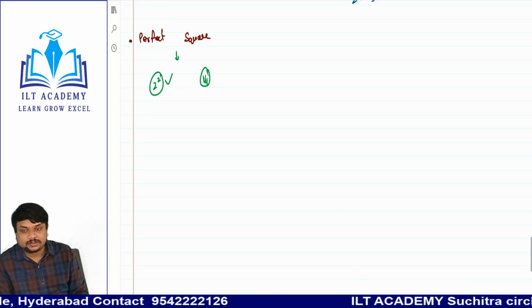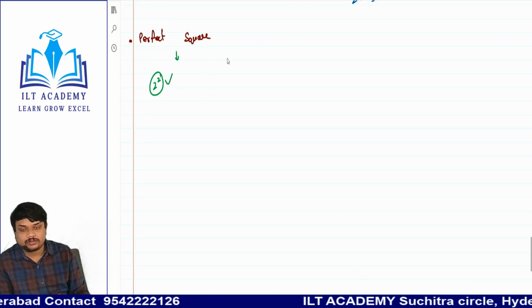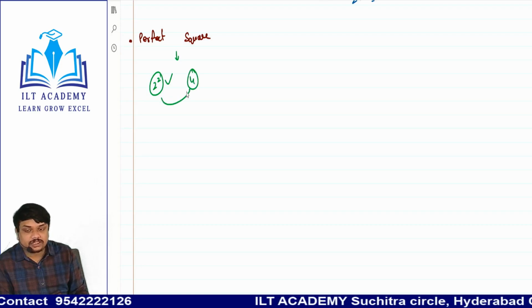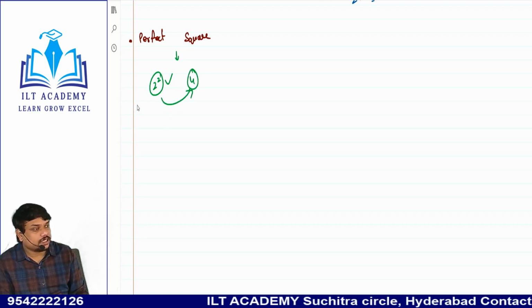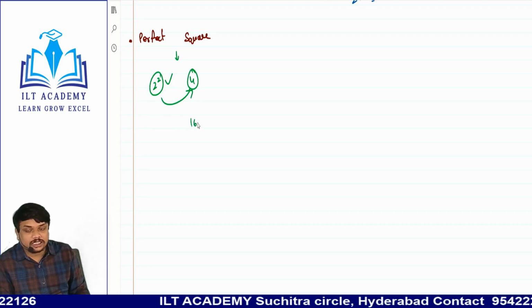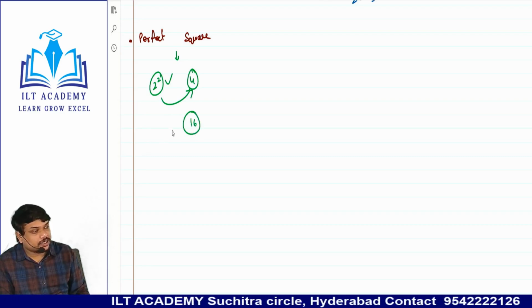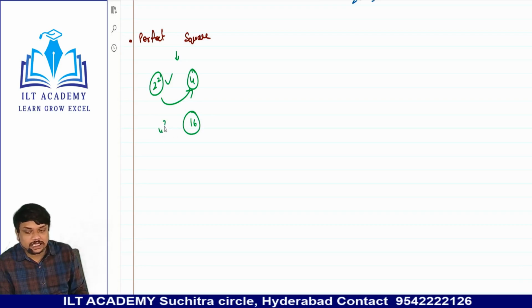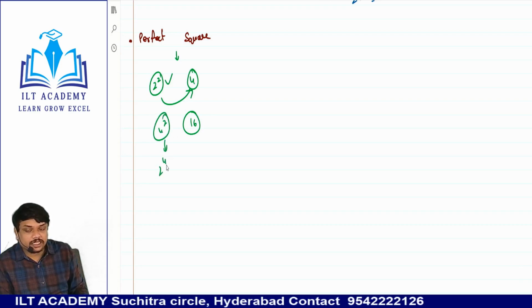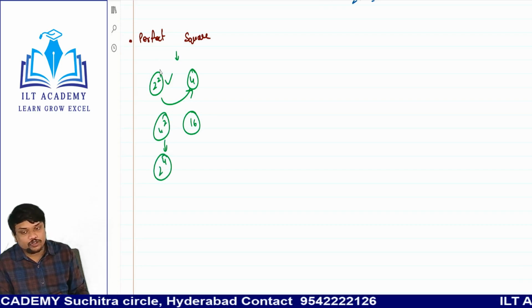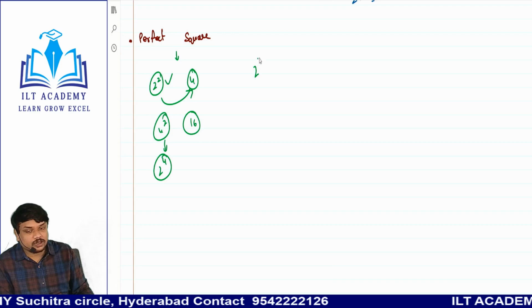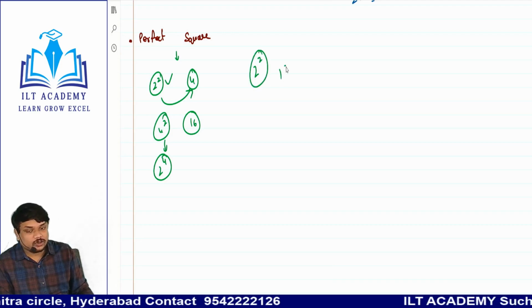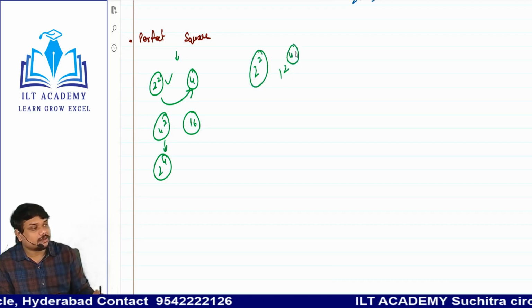Clear? Why is 4 a perfect square? It can be written in the form of 2 squared. Now 16, is it a perfect square? It can be written as 4 squared first, but not only 4 squared, it can be written as 2 power 4 also. Now a number to be a perfect square should be in the form like 2 squared, 2 power 4, general example. Clear?